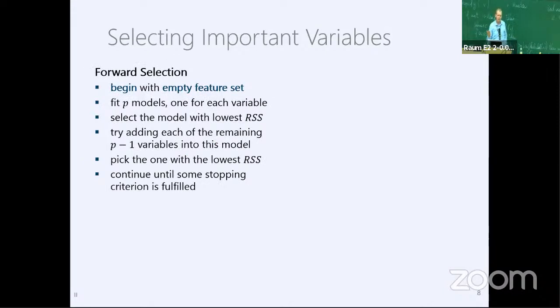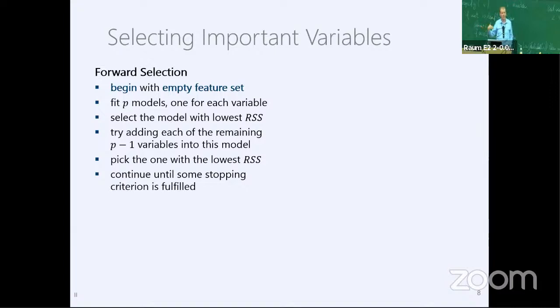Probably if I had given this as an assignment, here is a number of predictors, find me the best set of predictors, without necessarily any guarantees, you probably would have come up with this algorithm. Let's start with the empty feature set. With the empty feature set, you only have one coefficient, beta naught, the intercept, the average value. So you can already do some prediction. It will suck, but okay, you can already do some prediction.